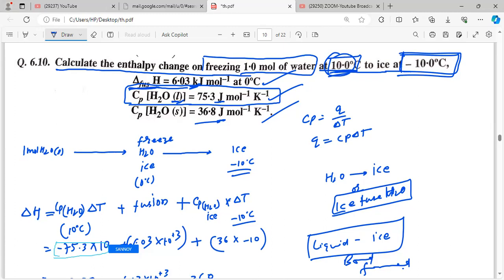Achha, one thing: when ice is formed, is heat absorbed or released? Heat is going to be absorbed. Sir, when ice is formed, heat is going to be released. So how can we take this term as positive?